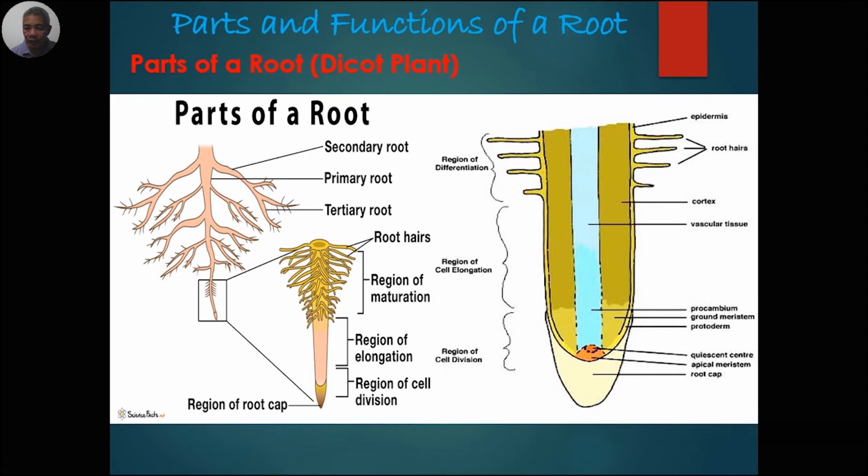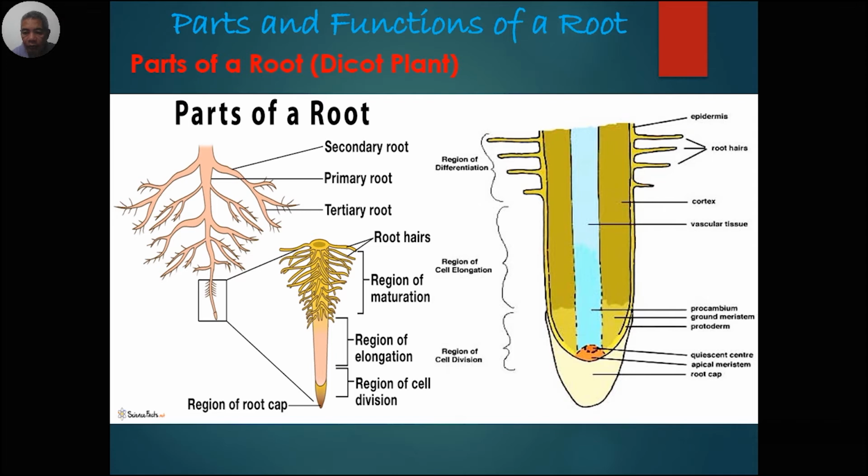Then of course the root hairs are the absorbing parts of the roots. Then we have also the cortex, or parenchyma cells. This is an outer layer of a stem or root in a vascular plant lying below the epidermis, but outside the vascular bundles.